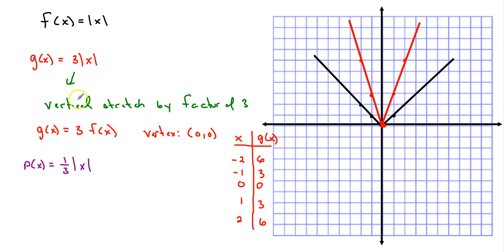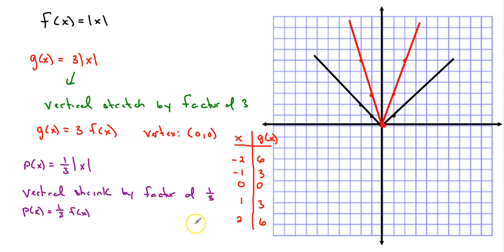So again, the 1/3 here is going to be a vertical shrink this time by a factor of 1/3. Rewriting this would be p of x equals 1/3 times f of x.